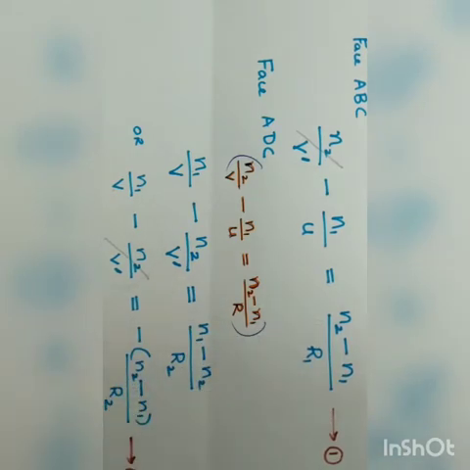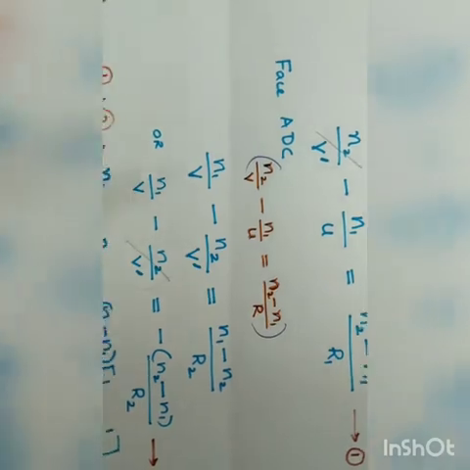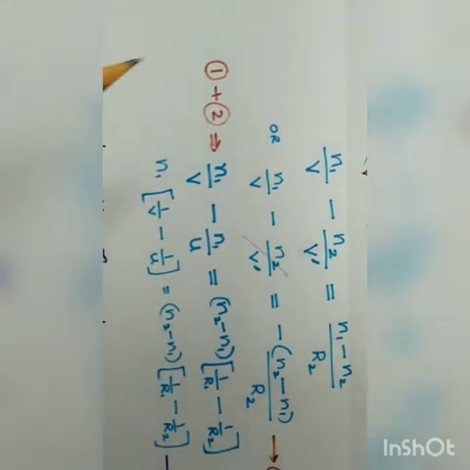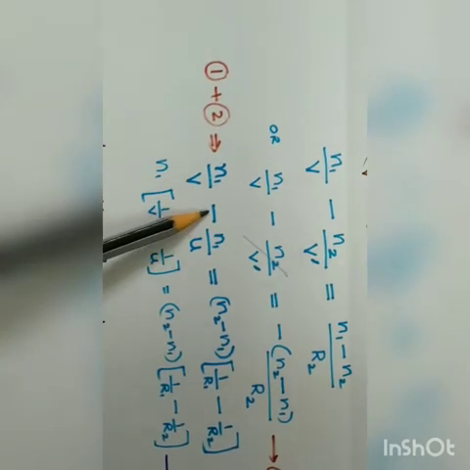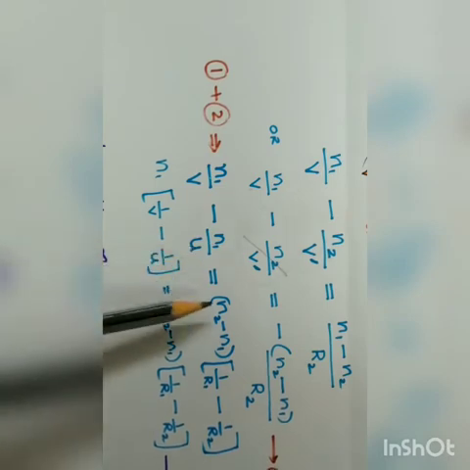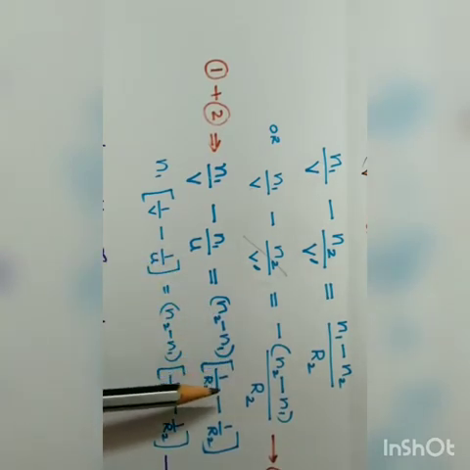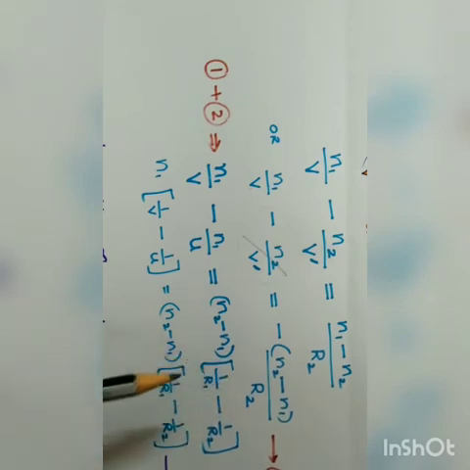We can take that common outside, and what is remaining? You get the next step. When you add the two equations 1 and 2, you get N1 by V minus N1 by U equals N2 minus N1 is common, and what is remaining? 1 by R1 minus 1 by R2.